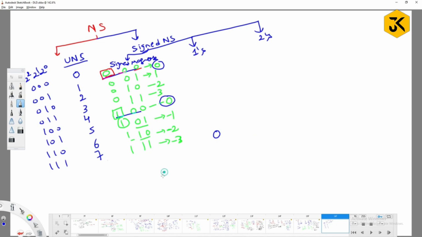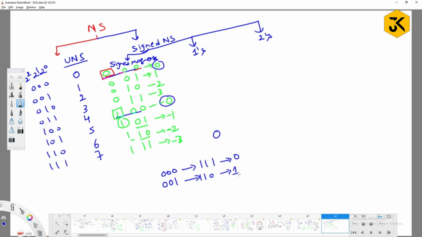Try to observe. 000, its complement is 111, which is equivalent to again 0. Is it okay? Right? If I say 001, its complement is what? 110, that is 1.